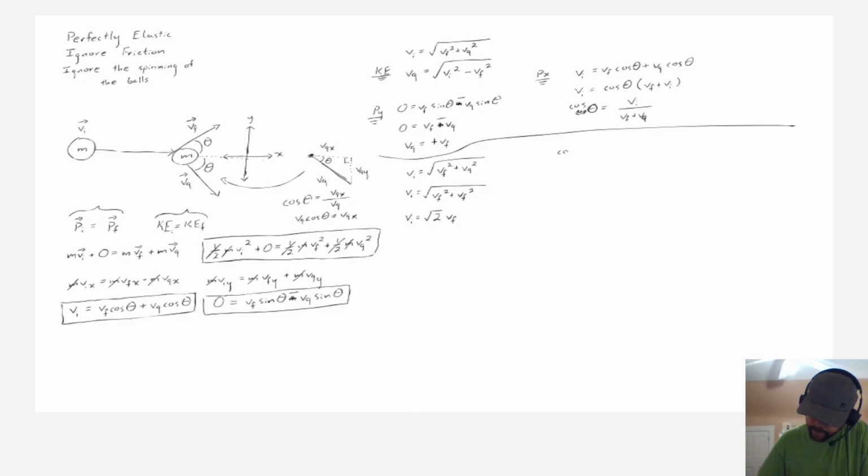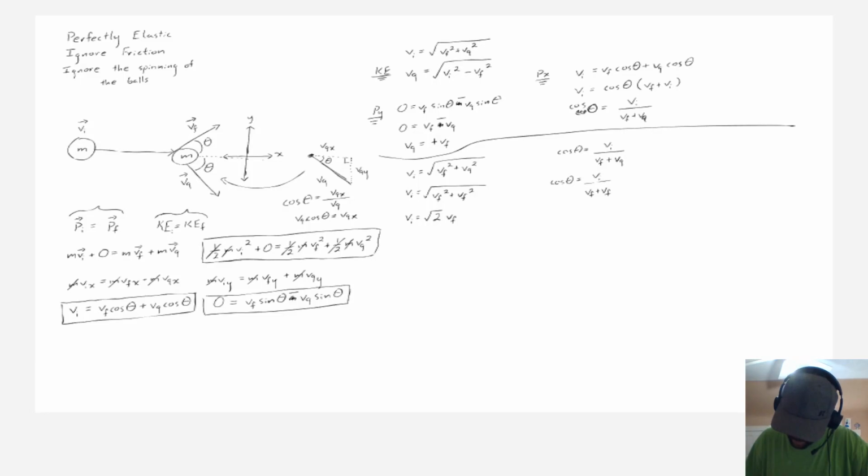We have cosine of theta equals velocity initial over top of velocity final plus velocity of the 9 ball. And I'm going to run out of room, so I'll write it straight below it. So then we have cosine of theta equals velocity initial over velocity final plus velocity final. We can plug that in because we found earlier that velocity of the 9 ball equals the velocity final.